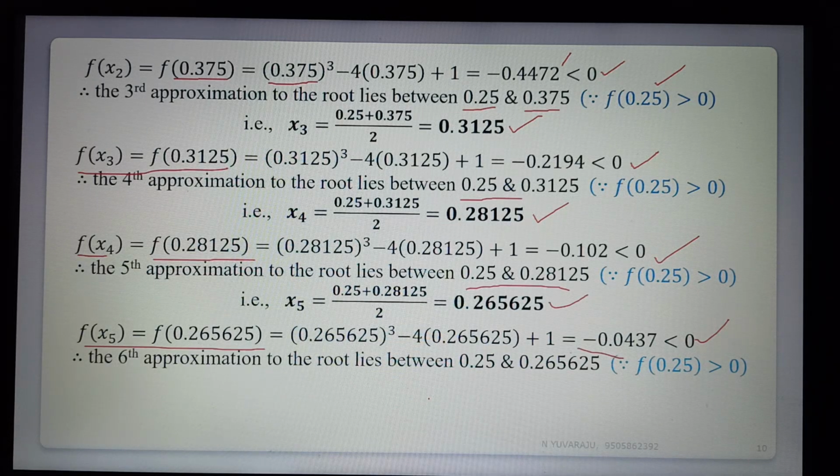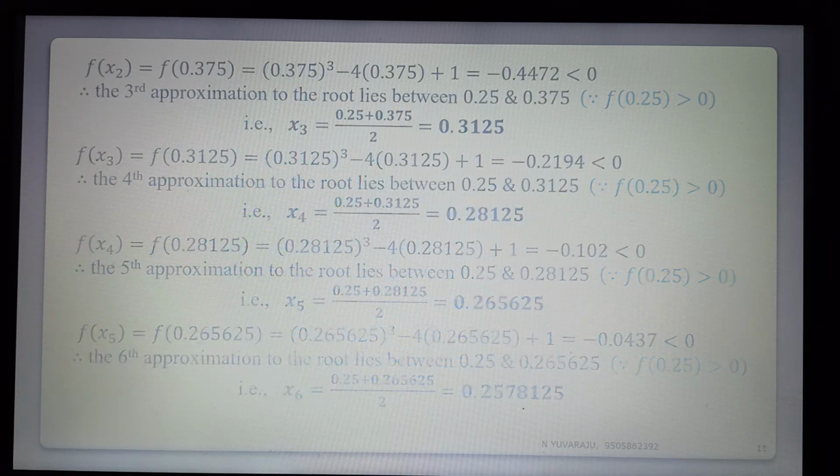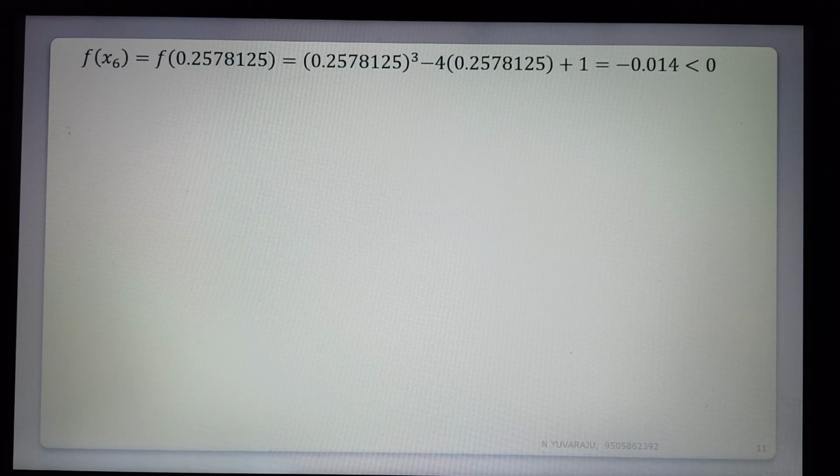So the sixth approximation lies between 0.25 and 0.265625, so that is the sixth approximation, 0.2578125. Okay? Also substituting this in the given equation, f of x6 is equal to minus 0.014, this is also negative only, non-zero.